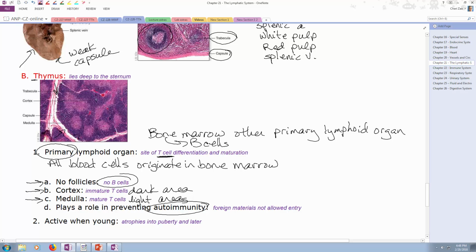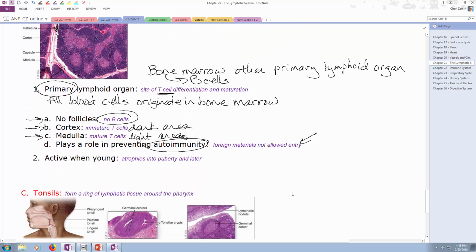So in the thymus, your T cells are being trained to recognize you. Because if they don't recognize you, they will get into a fight with you. And that's called autoimmunity. And so we don't want to have foreign materials allowed entry into our thymus because we don't want to suddenly think that foreign material is part of us and we will not fight it or get rid of it. So that's an important thing.